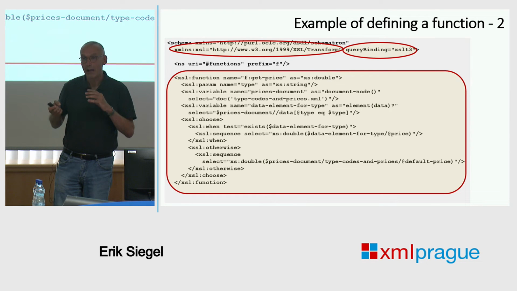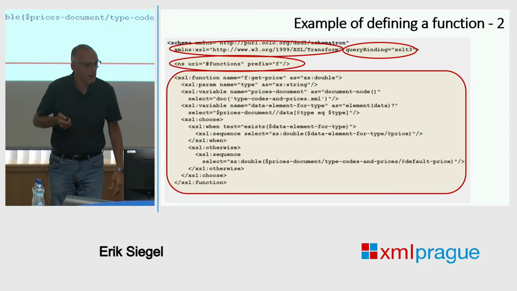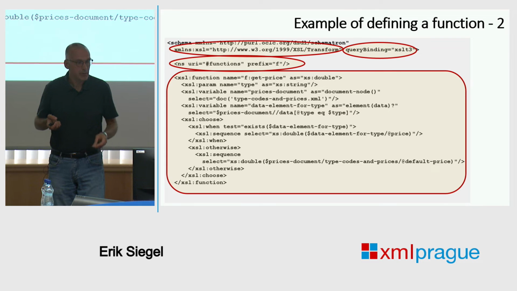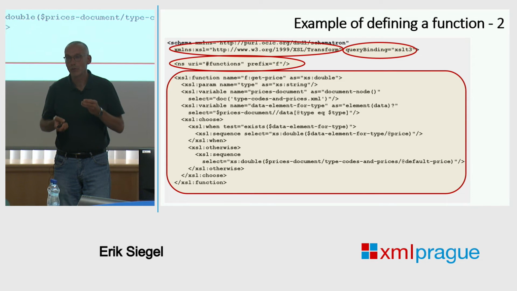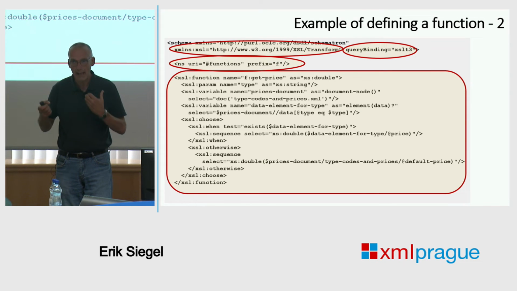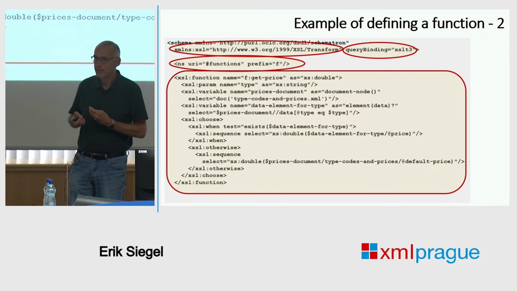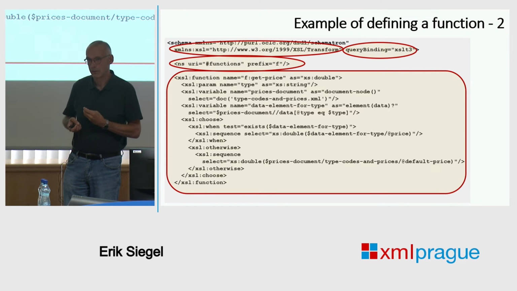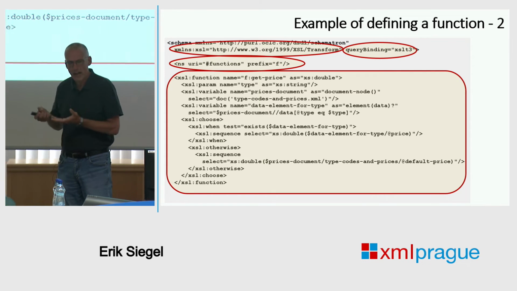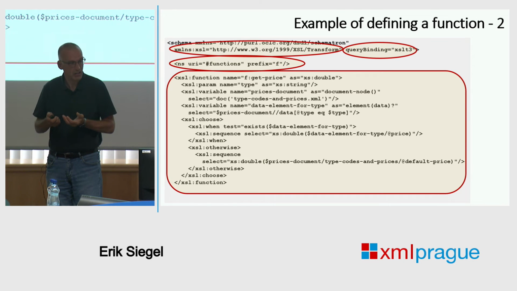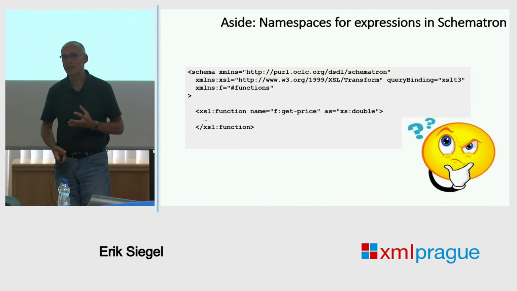The function is called f:getPrice, so it's in the f namespace, because XPath functions must be in a namespace. And I defined the namespace here using the Schematron ns element. Now, that might be considered odd, because why do you have to define your namespace using the ns element? So let's do a quick aside about namespaces in Schematron.